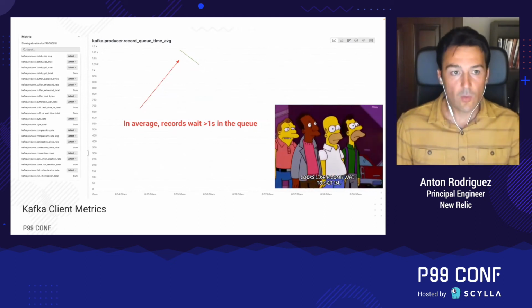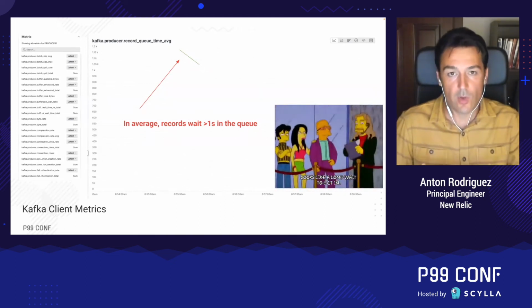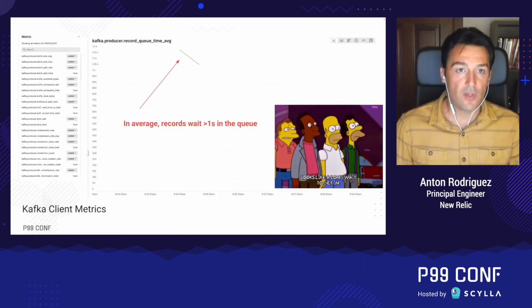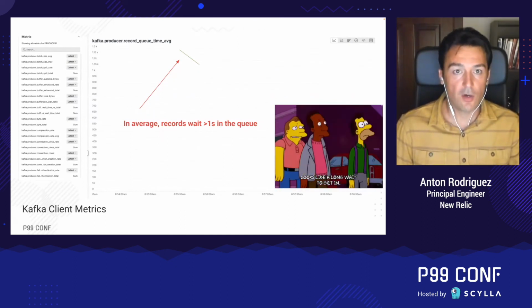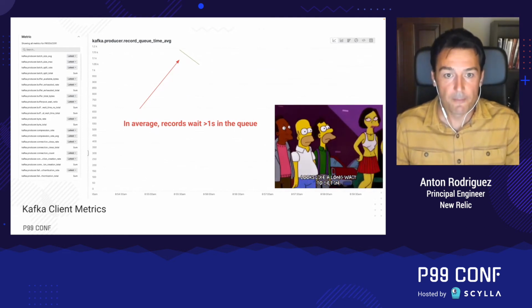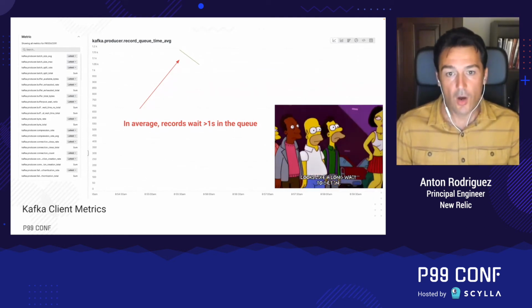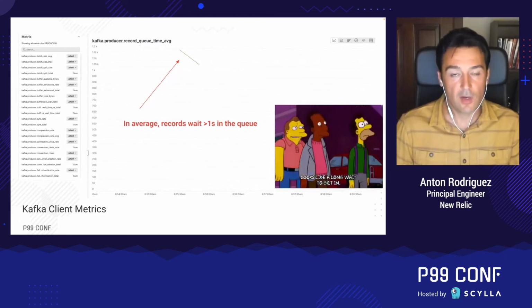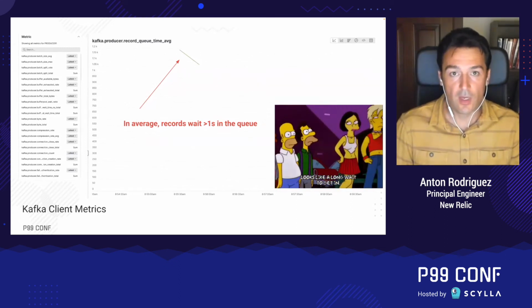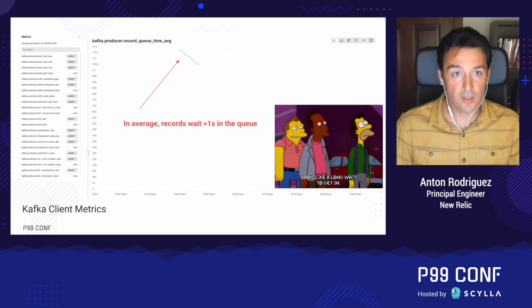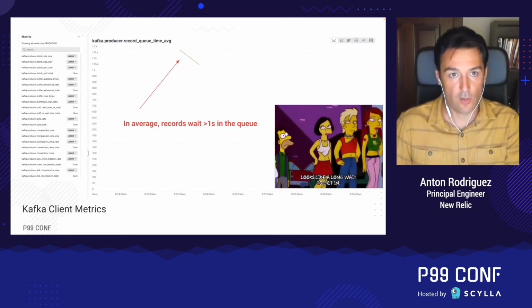In our particular case, we are looking for a queue, and there is a specific metric, record queue time average. So if we take a look at it, we can see that on average all the records in the Kafka client are taking around 1 second waiting in that queue, right?